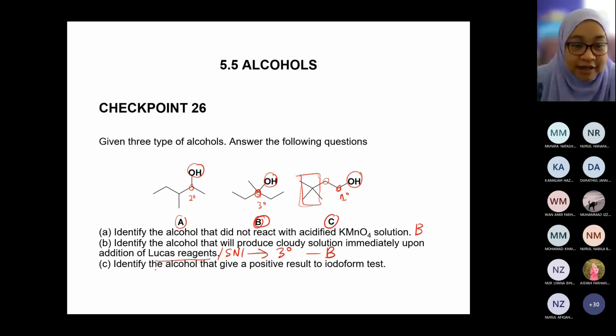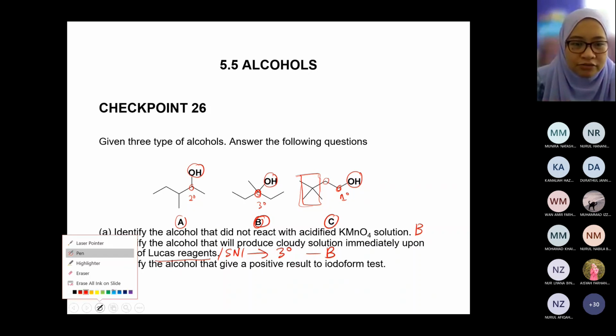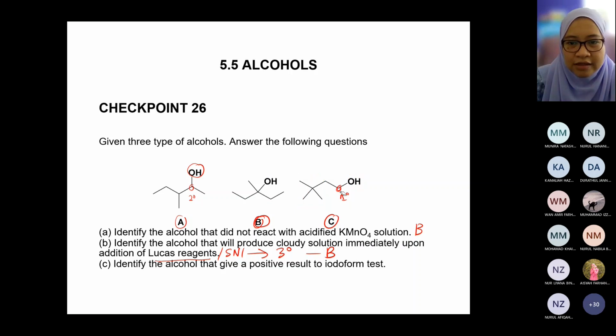Okay. Alright, lastly, identify the alcohol that gives a positive result to the iodoform test. We have to look clearly and check, because the iodoform test gives a positive result if it has OH, methyl, and hydrogen.